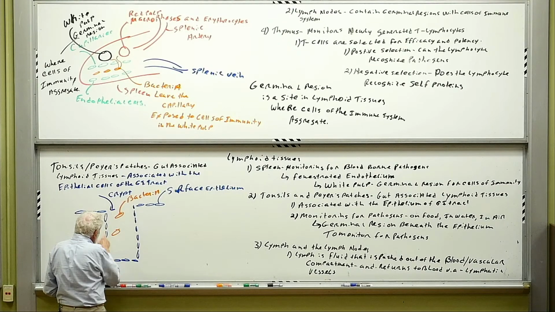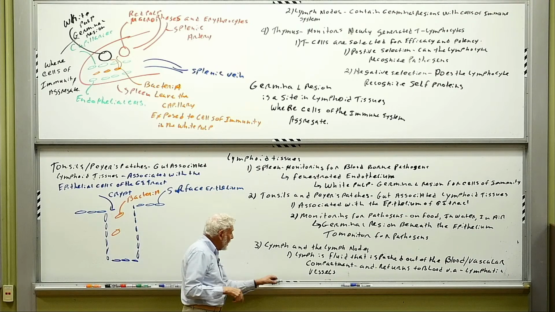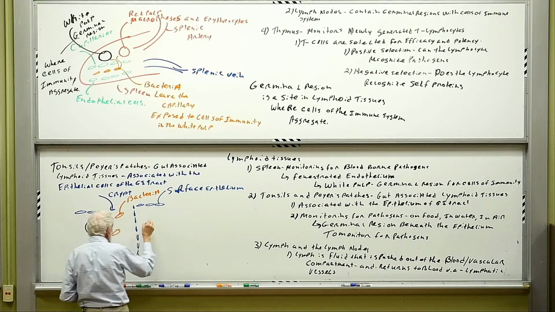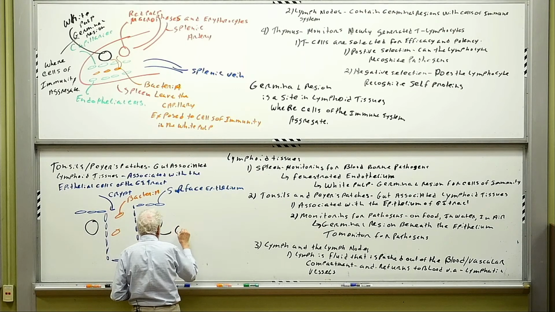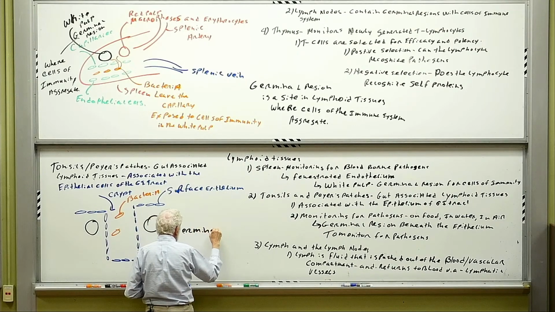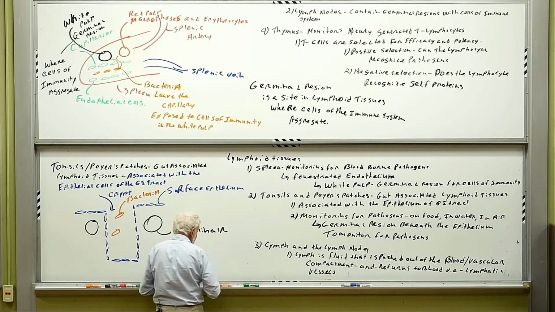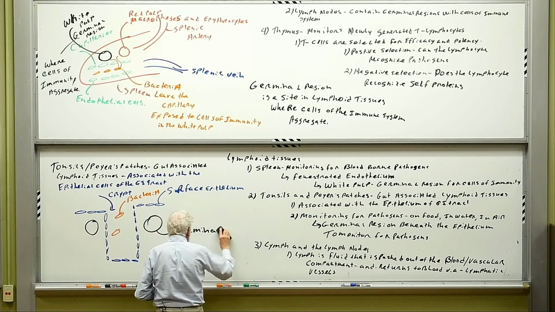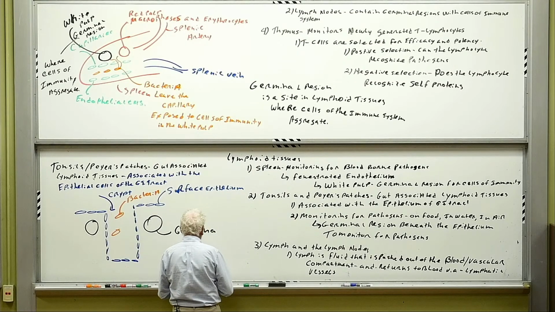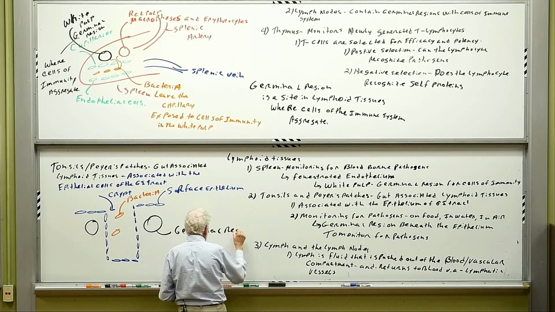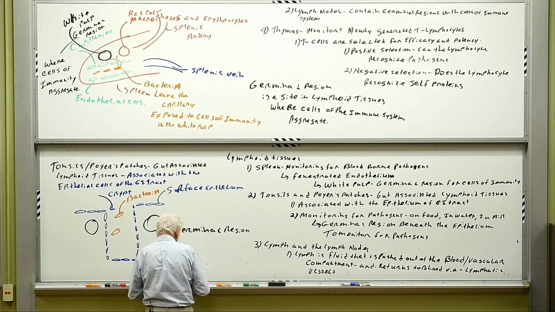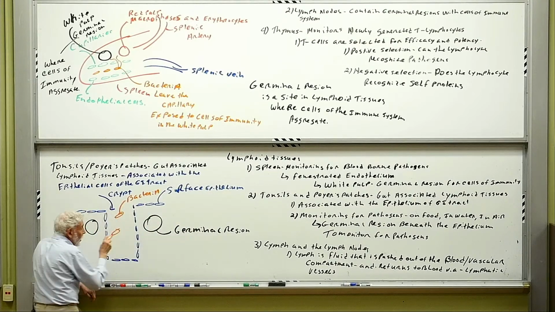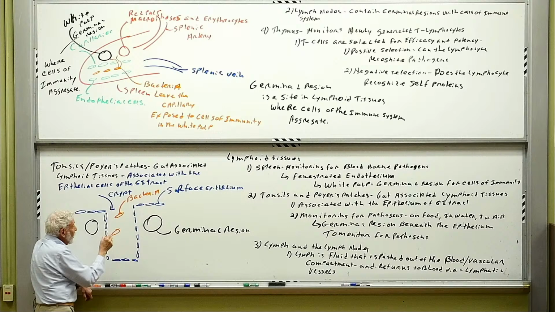And right on the other side of that epithelium, there's a region in here called a germinal region. And this germinal region, as we've said before, contains cells of the immune system. And when these bacteria are caught in these crypts, they're giving off proteins.